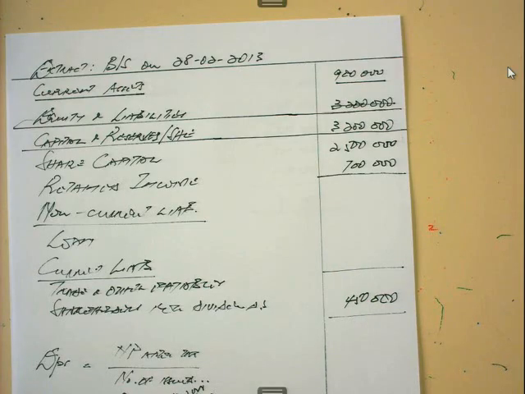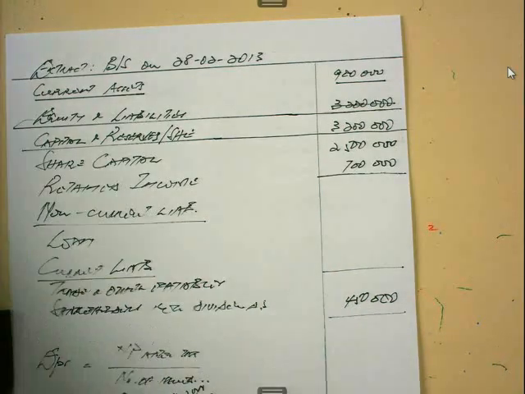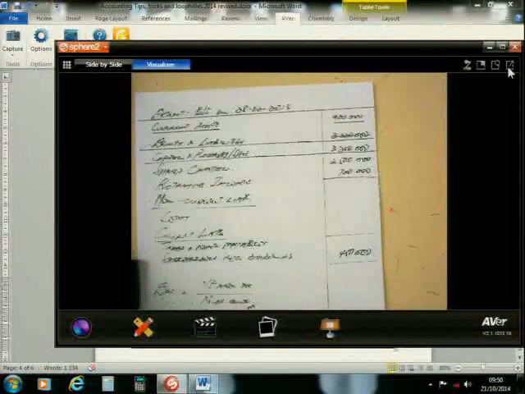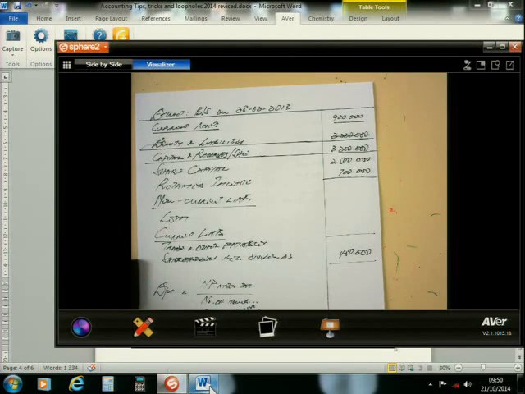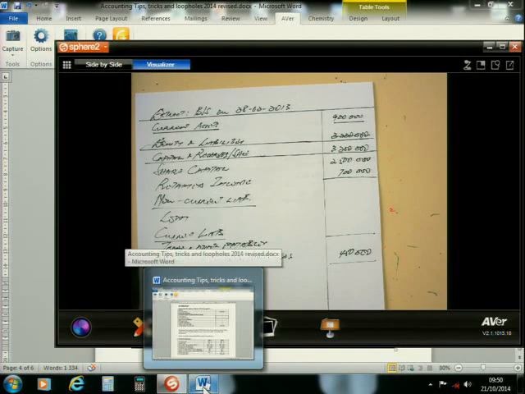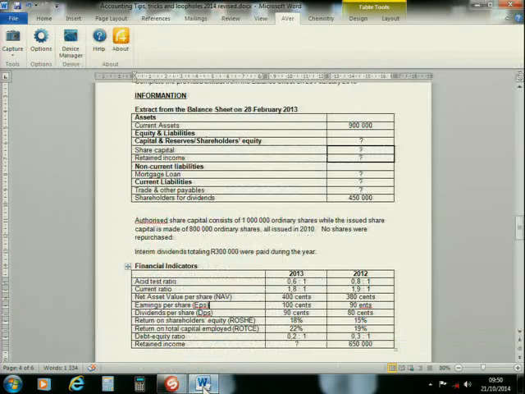Following your financial indicators again, if I can take you back quickly to the financial indicators, you need to pick the relevant financial indicator to use. And quite obviously it is debt to equity.